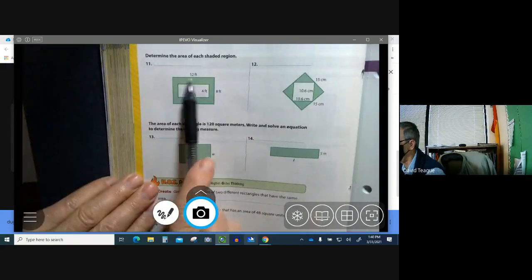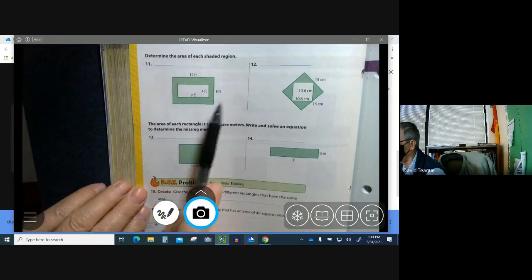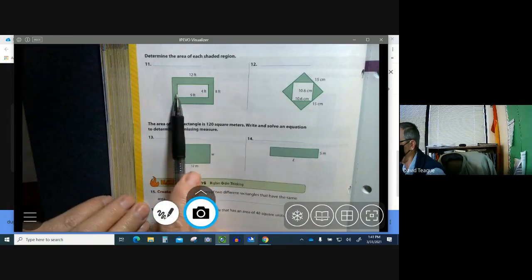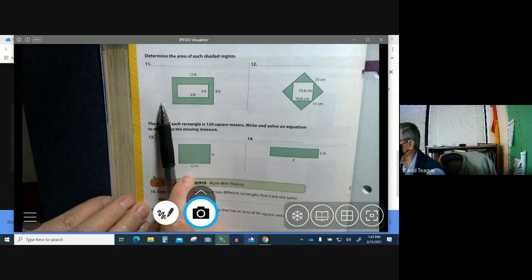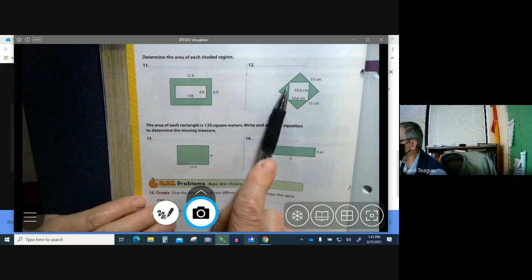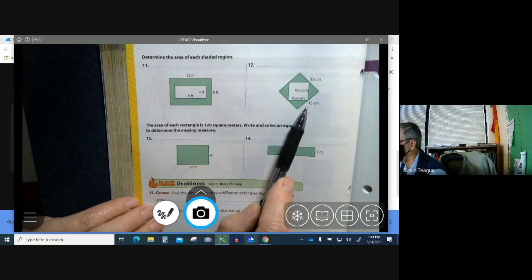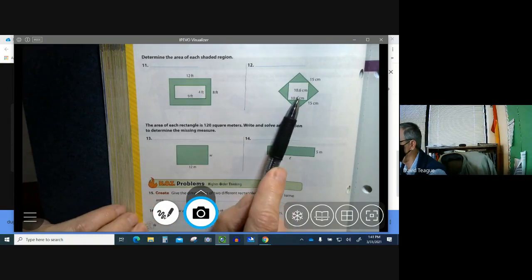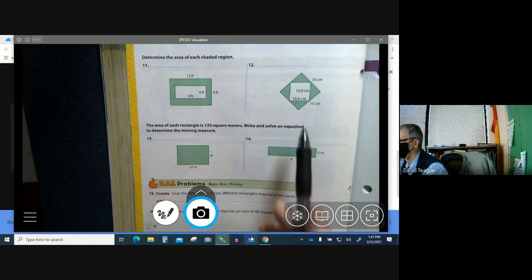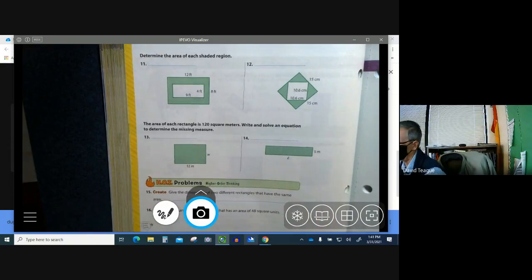So you find the area of this, length times width, find the area of the white one, and then you subtract the two, and you get the area of the colored part. Same thing with this. This is just a square turned on its side. Use the same formula. This is a square, this is a square. You just find the two areas and subtract.